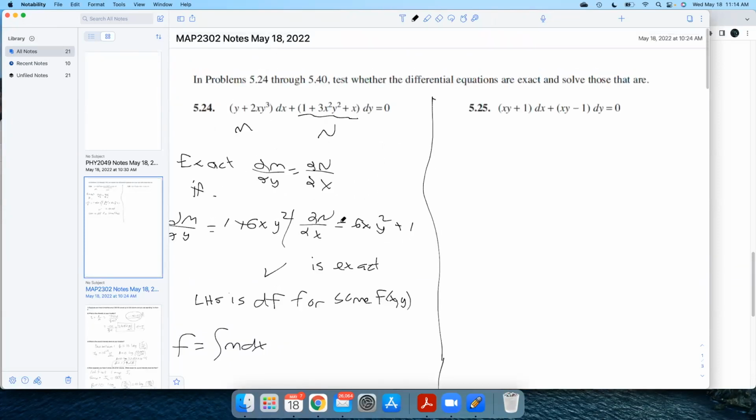Notice, by the way, that M is sitting beside dx. M is all the stuff in front of dx. When I was comparing partials, I used the wrong variable. I took its derivative with respect to y. When I'm integrating, I'm using the right variable. It's beside dx, so I'm integrating it with respect to x.